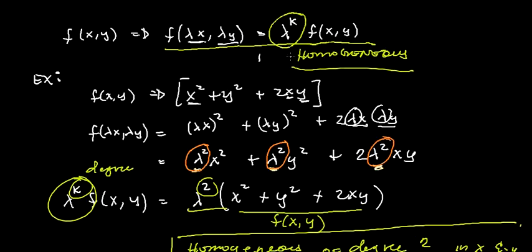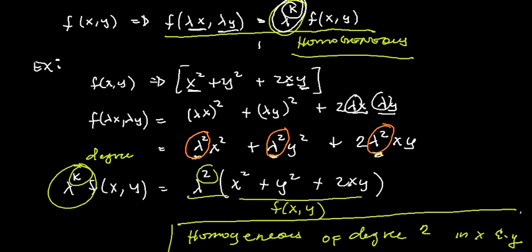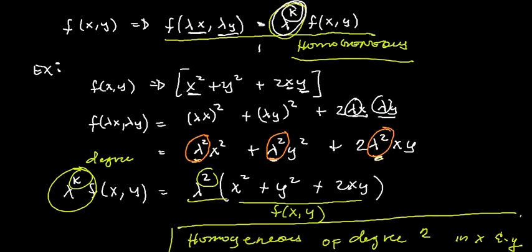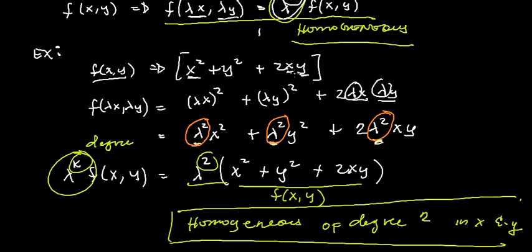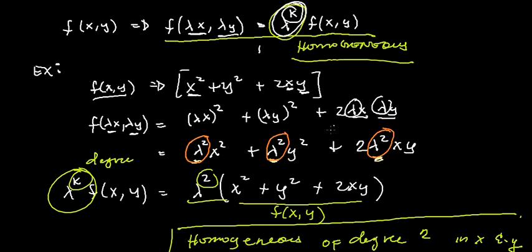After doing that, if you can factor out the lambda with its degree k, then the said function is homogeneous.